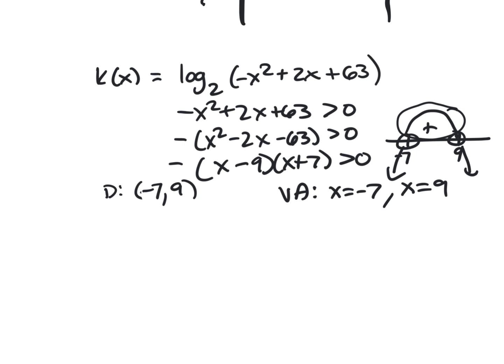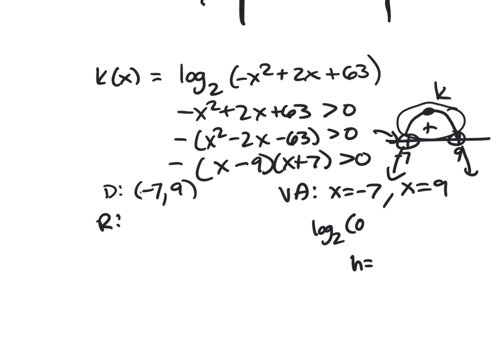Again, think about the range of the inside of the log, and then we'll apply log base 2 to that. The range of the inside of the log is the range of this quadratic that opens down. I know the low is going to be 0, or as close to 0 as possible. And for the high, I need to find the y-coordinate of the vertex.